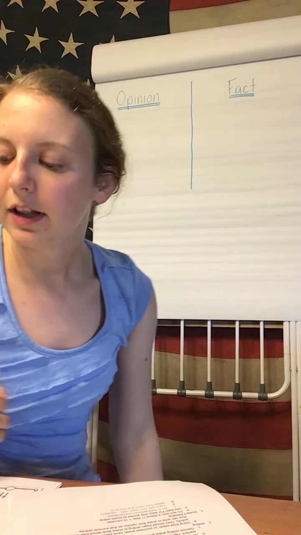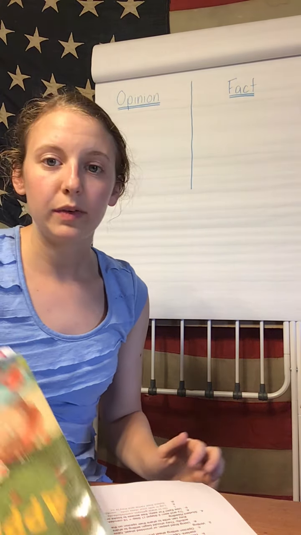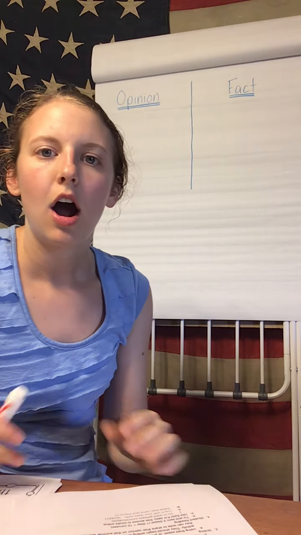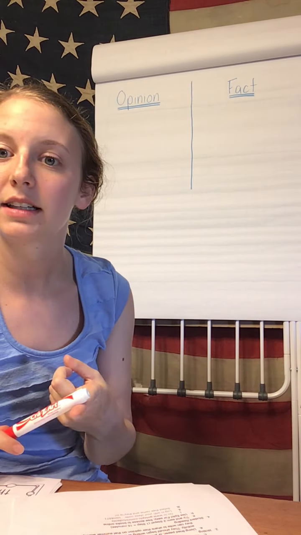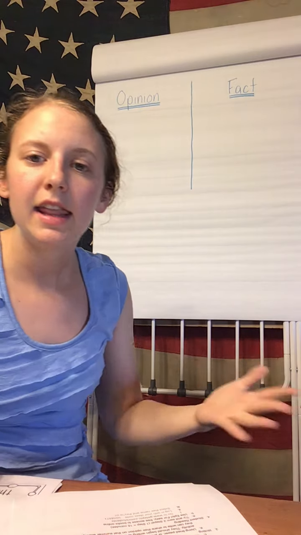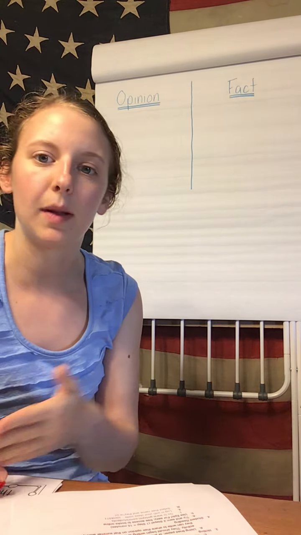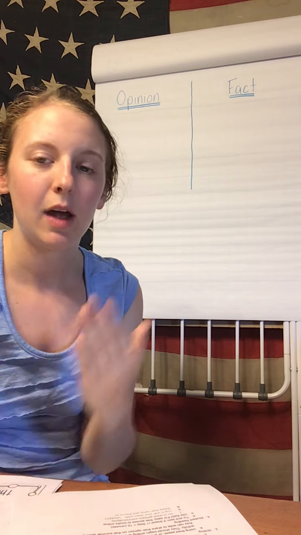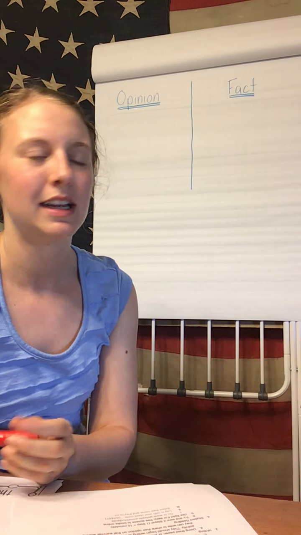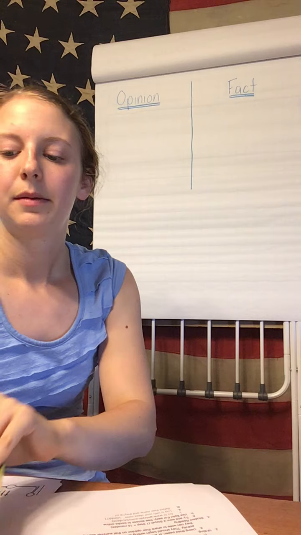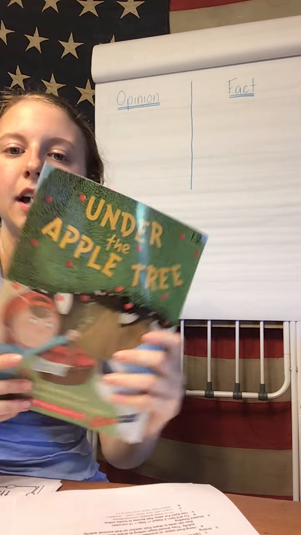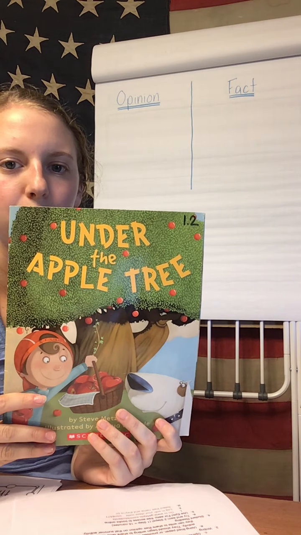We're going to be looking at what we're reading and are we given a fact or an opinion? Then I want us to form our own opinion about the book or something that happened in the book. We're going to talk about what an opinion is and what a fact is. So today I'm going to read Under the Apple Tree.